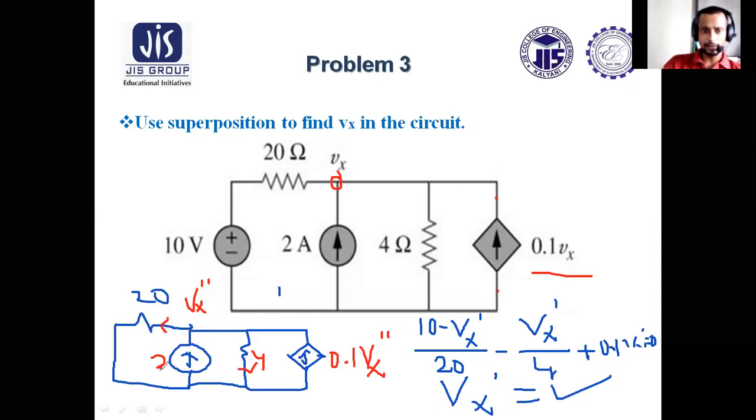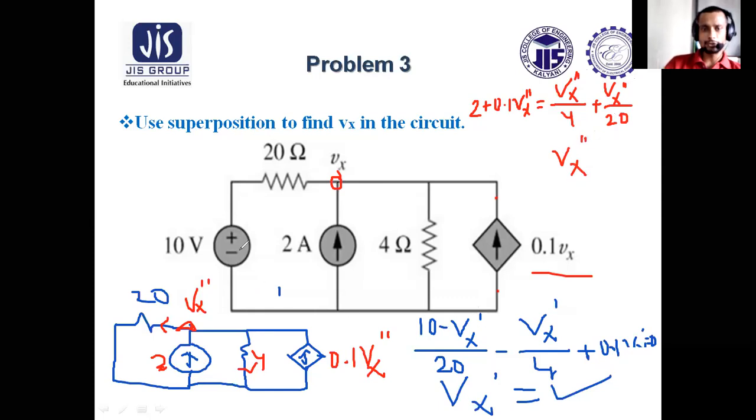What will be the KCL equation at this point? 2 entering plus 0.1 Vx double dash entering equals Vx double dash by 4 plus Vx double dash by 20. So from this, Vx double dash can be found.